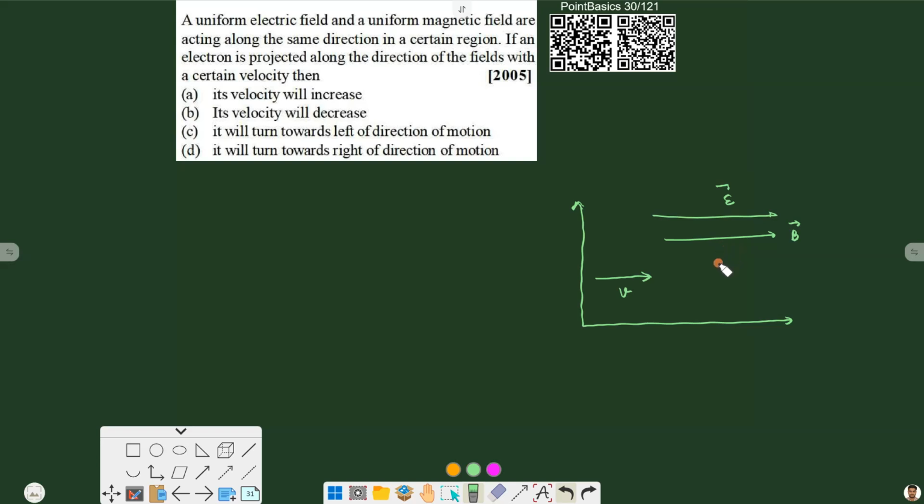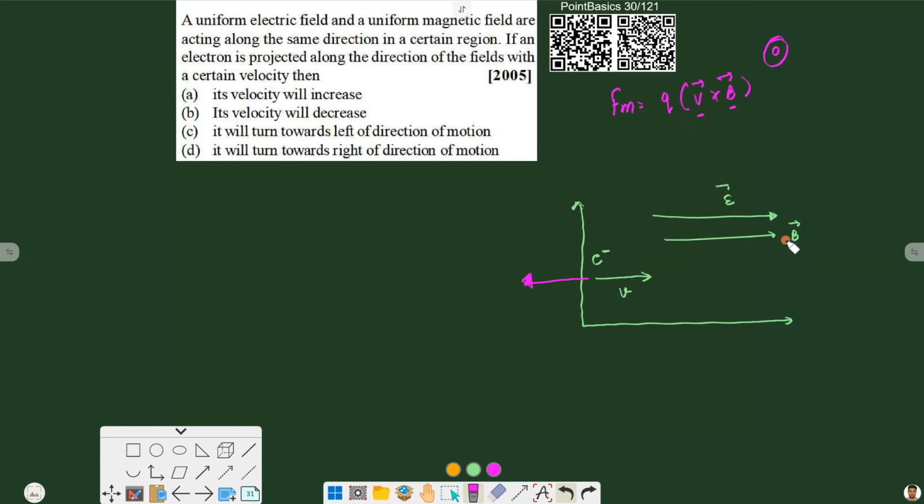Now what will happen? Again, as it is an electron, first coming to the electric force, the force acting on it will be in the opposite direction. So the electric force acting on this electron will be along the negative x-axis. And coming to the magnetic force, as magnetic force is q v cross B, and as the angle between the velocity and the magnetic field here is 0, there will be no magnetic force acting on the charged particle.